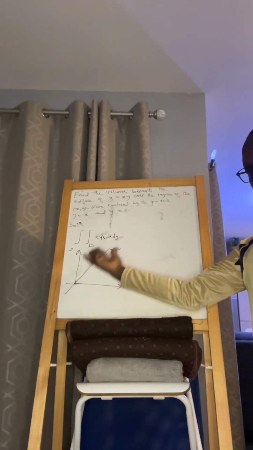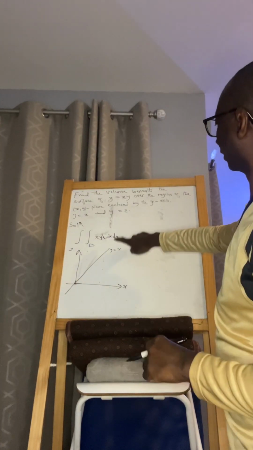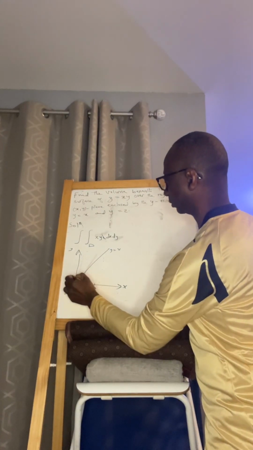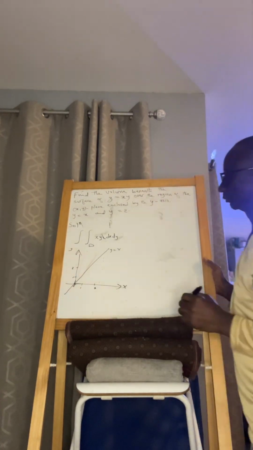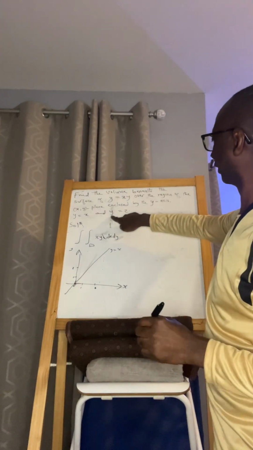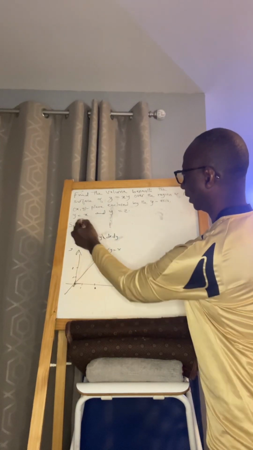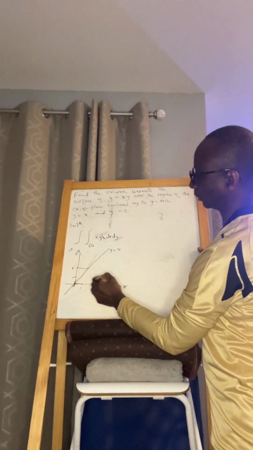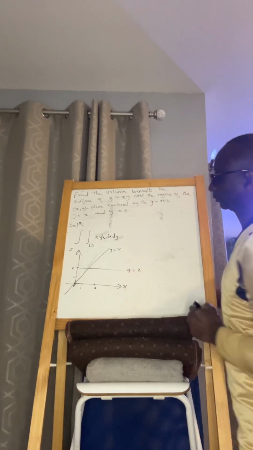Plot graphing. Y equals x. Let us say this is 0 here, 1, 2. And y equals 2. So this is y equals 2. We have now plotted this graph, and another line here, y equals 2.